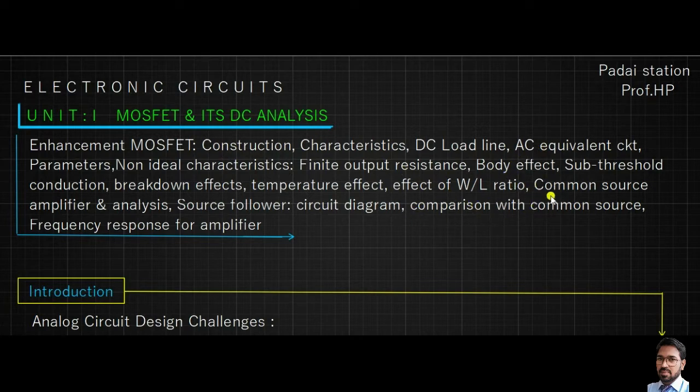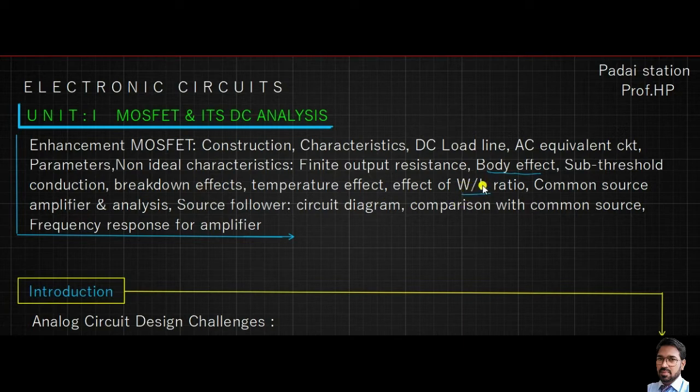It is called the DC analysis study of MOSFET. Then finite output resistance, body effect, and subthreshold conduction matter a lot in IC fabrication technology. Then breakdown effects, temperature effect, and width to length ratio.